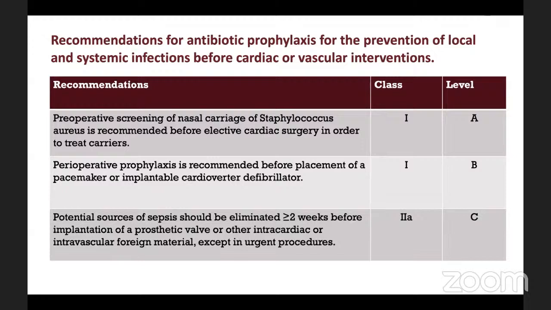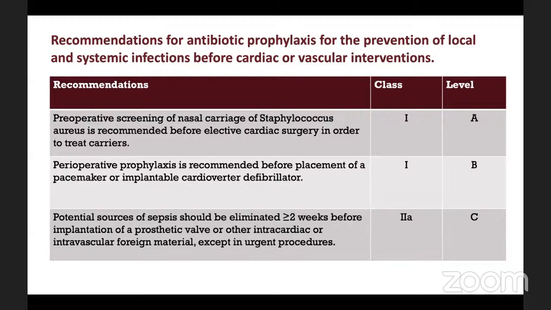Recommendations for antibiotic prophylaxis for prevention of local and systemic infection before cardiac or vascular intervention. Perioperative screening of nasal carriage of Staphylococcus aureus is recommended before elective cardiac surgery in order to treat the carriers. It's class 1A.